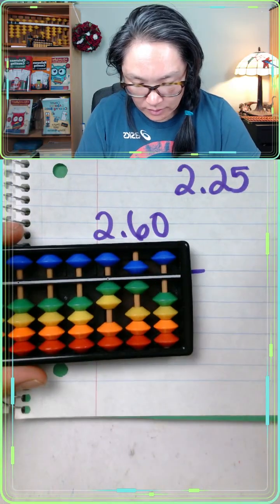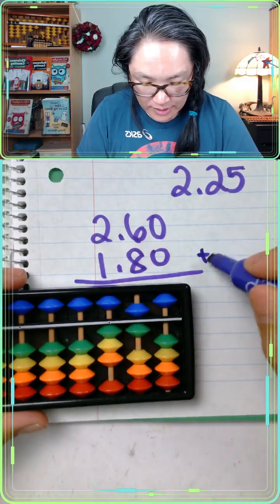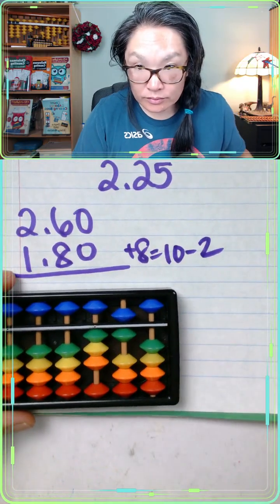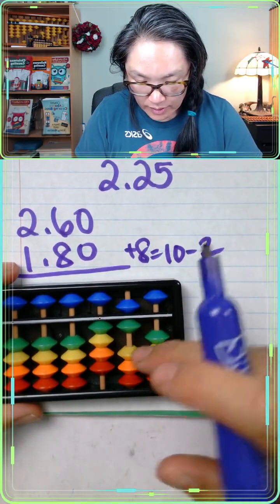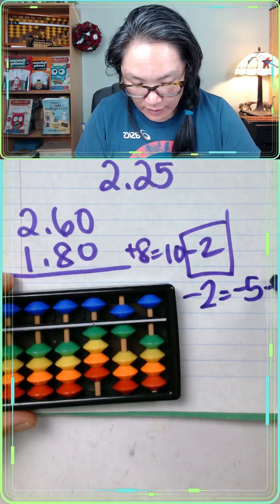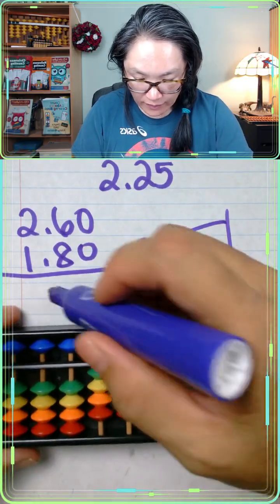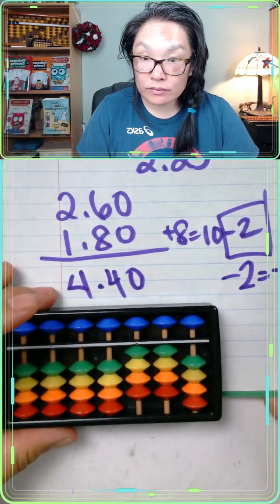To 6, add the 1, add the 8. Plus the 8 is equal to plus the 10 minus 2. Plus the 10, take away the 2. Cannot take away 2. Minus 2 is equal to minus 5 plus 3. Minus the 5 plus the 3. So my final answer is 4.40.